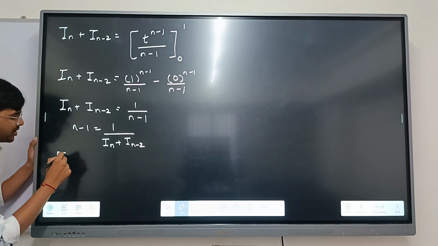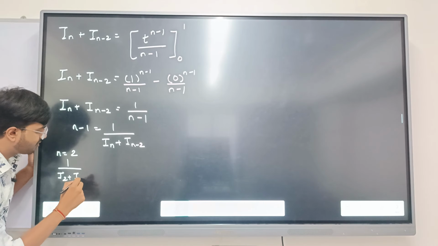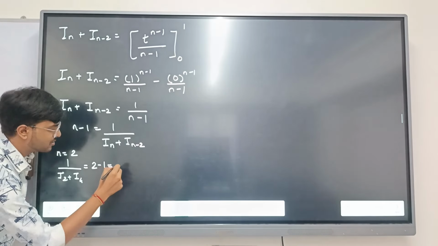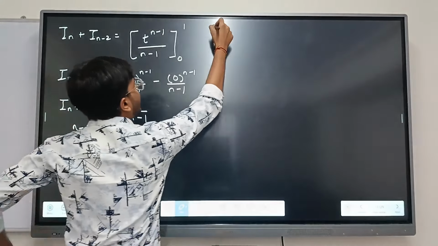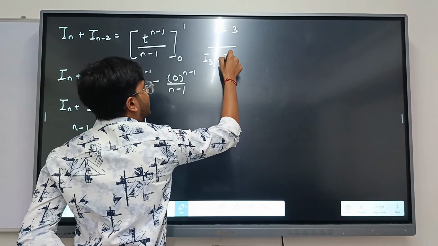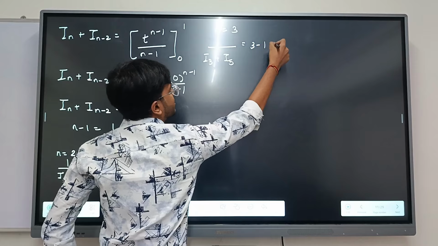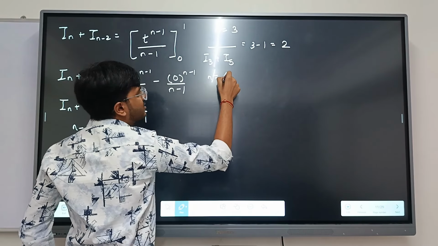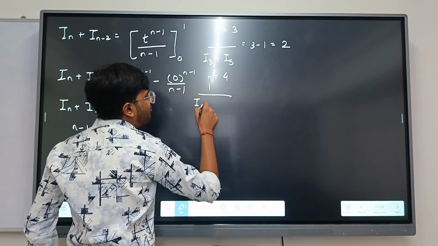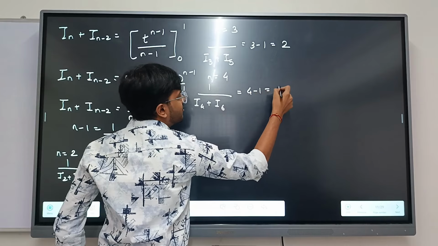So if you substitute n as 2, what will I get? 1 by I2 plus I4 is equal to 2 minus 1, which is 1. If I keep n as 3, 1 by I3 plus I5 is 3 minus 1, which is 2. If I keep n as 4, 1 by I4 plus I6 is 4 minus 1, which is 3.